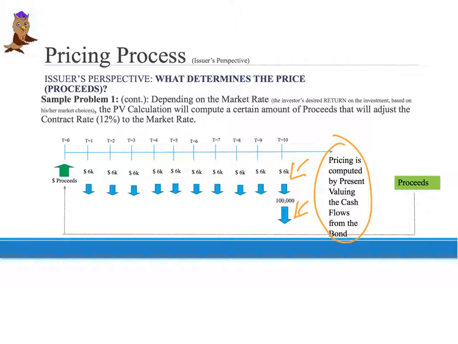We will be using different types of tables or formulas. This series, we call it an annuity, uses the present value factors for an annuity. This one here, since it's only one single cash flow, we will use the present value factor table or formula of $1, meaning a single cash flow.